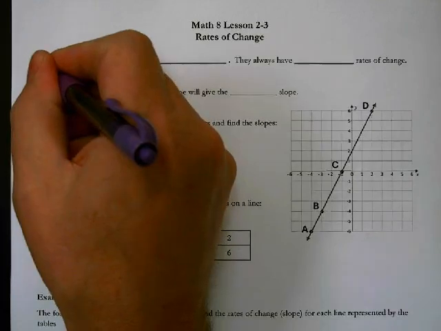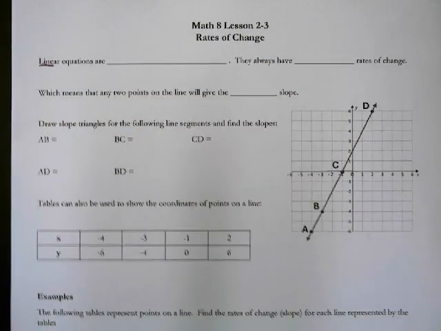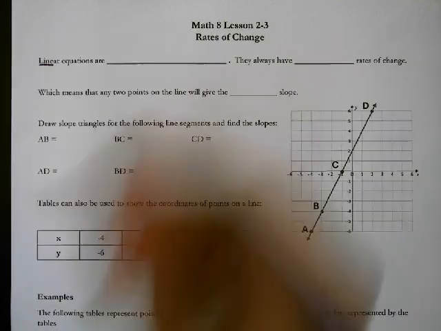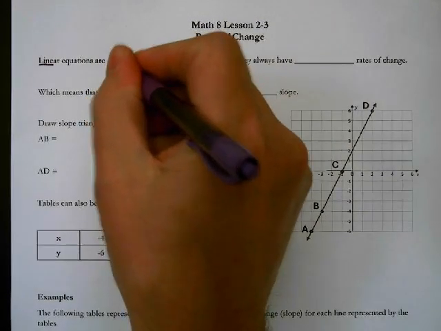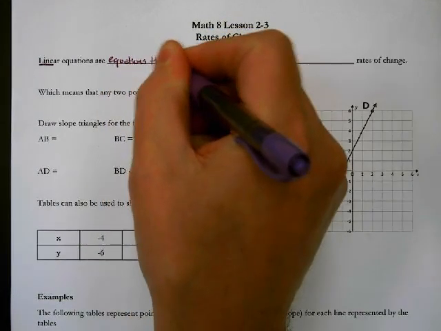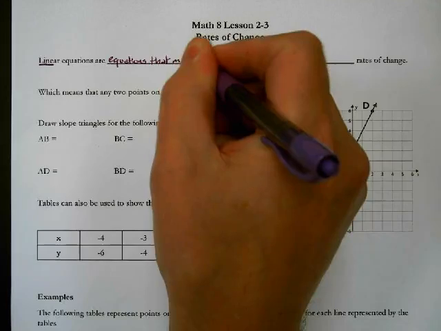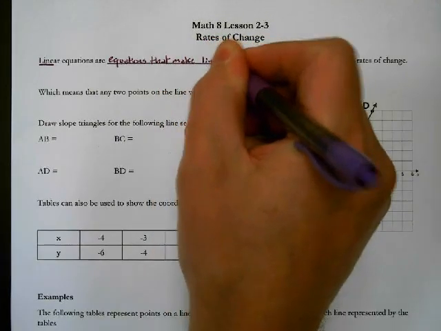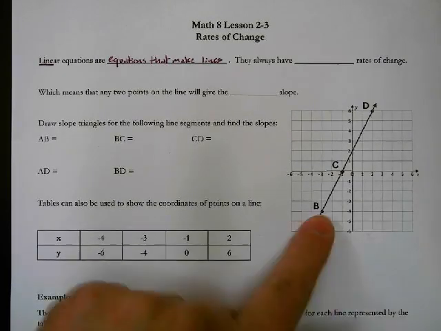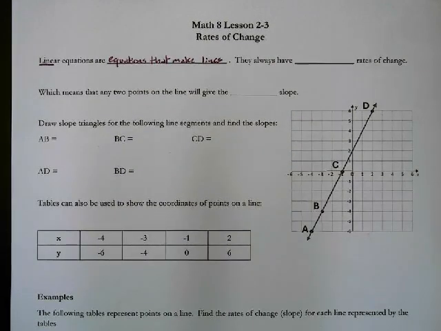Well, the first four letters in linear equation is line. So linear equations are equations that make lines. So if you graph the solutions to a linear equation, it will make a line on your graph, much like this one down there.